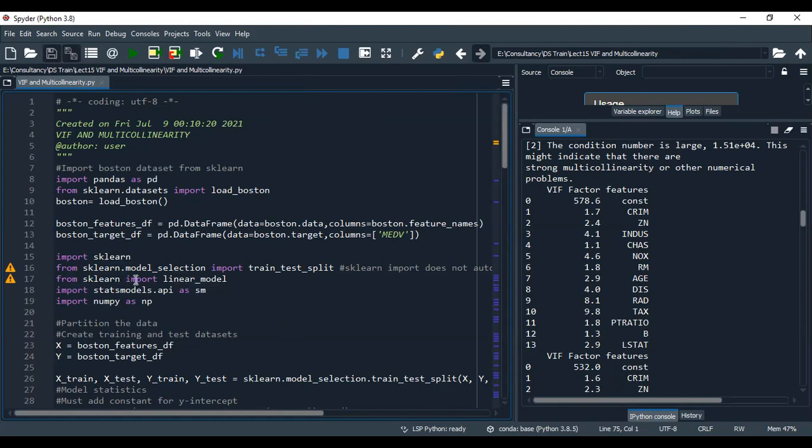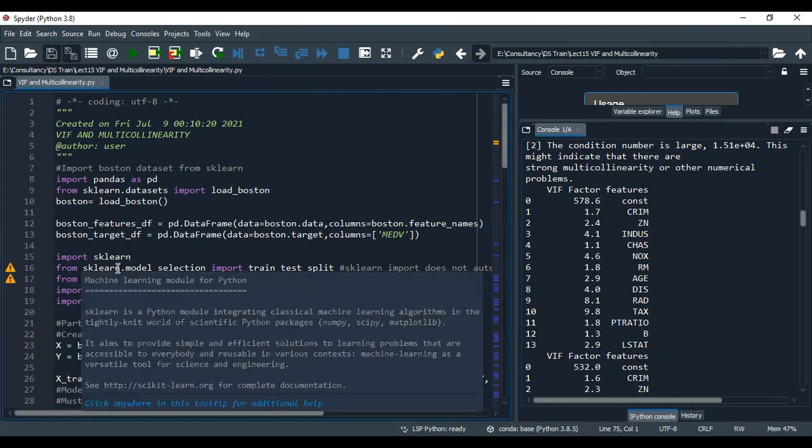And when you say from sklearn.model_selection import train_test_split, you are calling a particular method or class and loading only that into memory, not the entire sklearn. So this one is usually preferred by data scientists because you are not killing the memory.